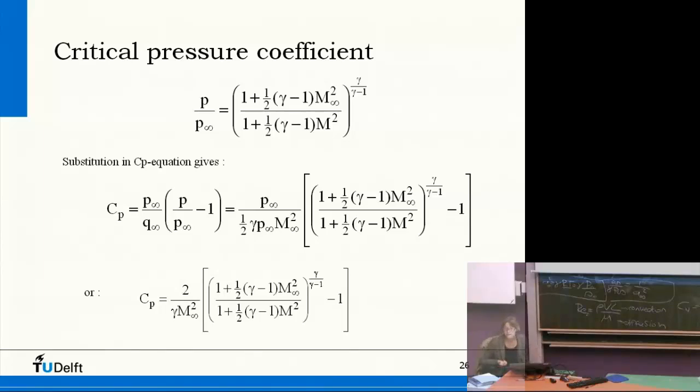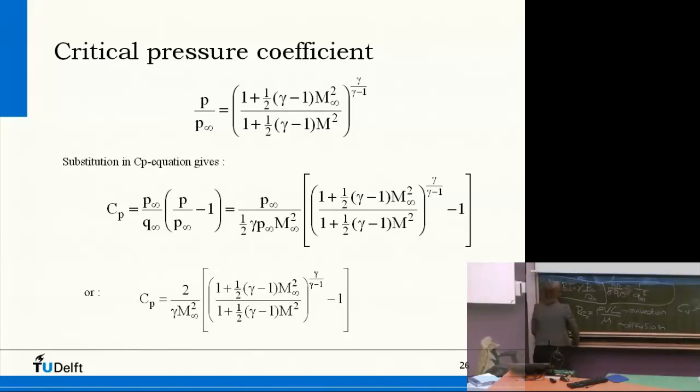Now how do I get the critical pressure coefficient? Mach 1. Which Mach? This one, eh? Indeed. So what is the critical pressure coefficient? That is the pressure coefficient at the critical point.